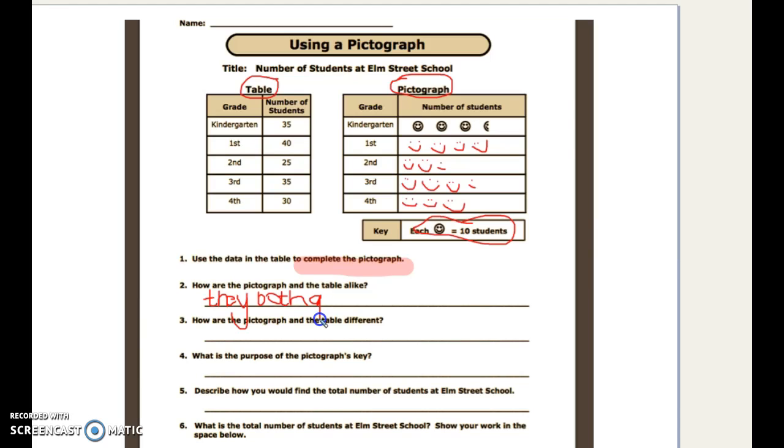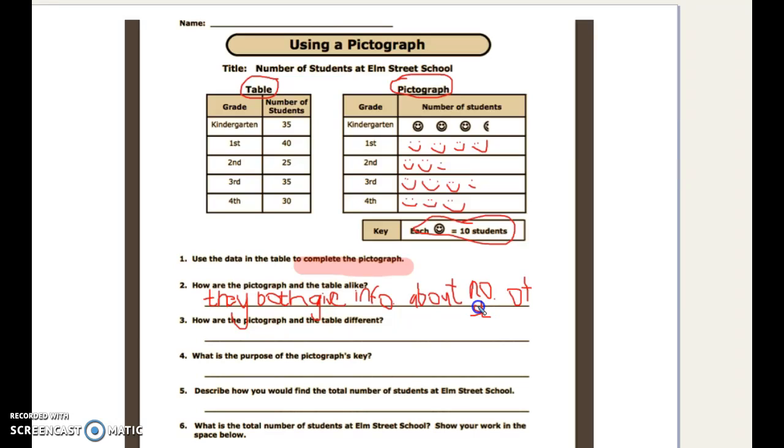Give information about a number of students.